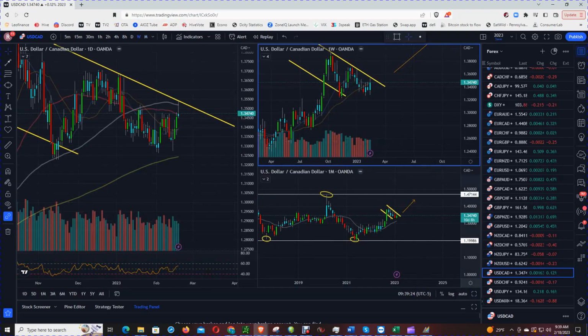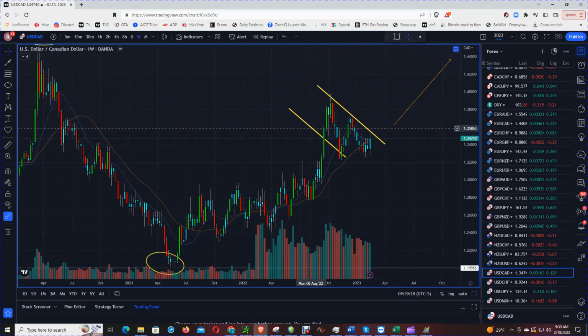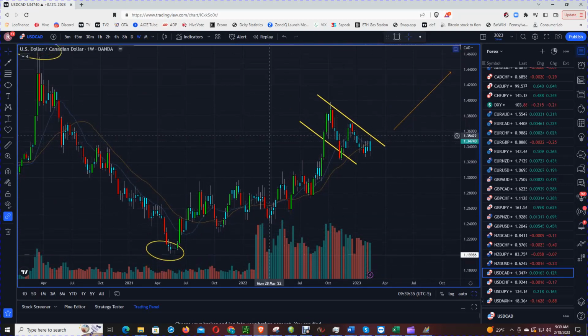So let's go to the weekly chart. So the Canadian dollar, very tied to the price of oil. Oil has been declining. So Canadian dollar has been declining versus the US dollar, which has been climbing.